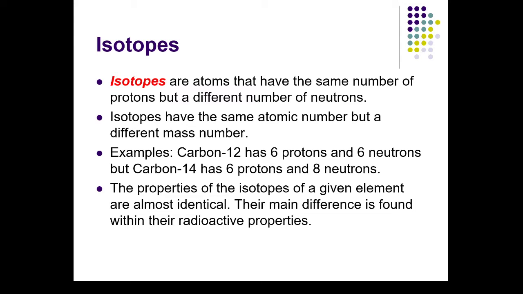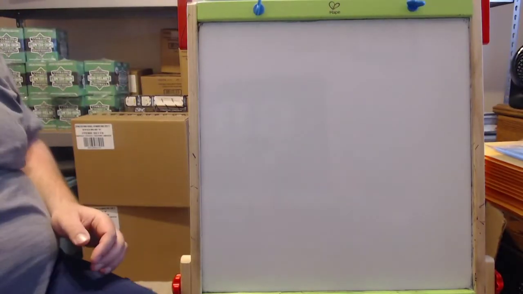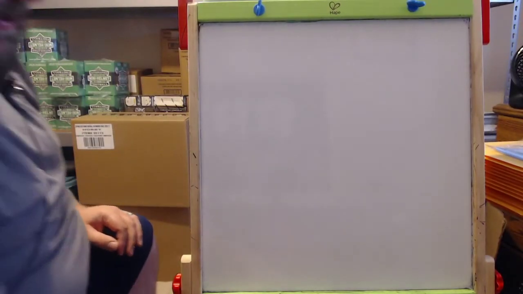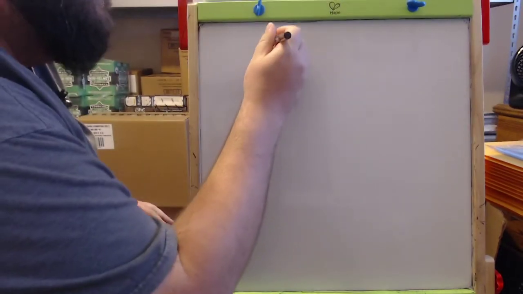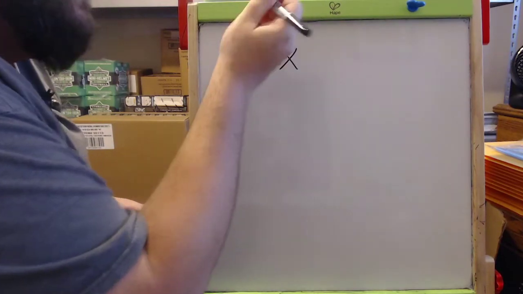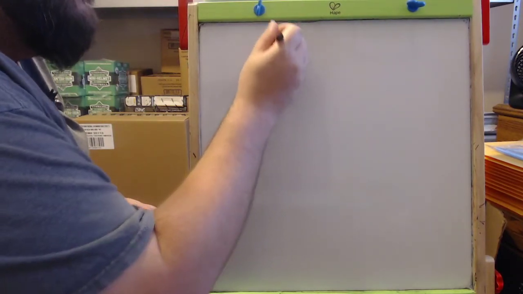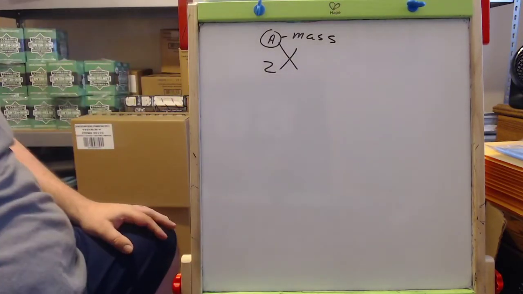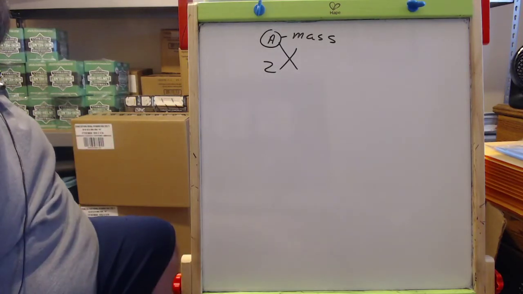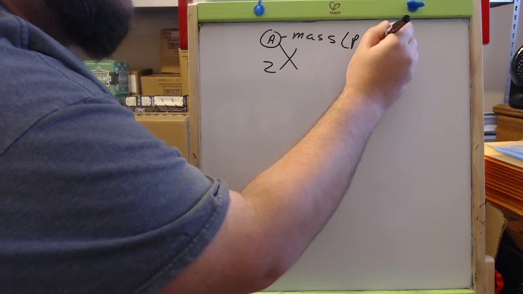Now, isotopes are the reason for something on the periodic table. What we talked about in the last presentation was that if I look at something in the A over Z form, the A is the mass number, the mass of the element, which is protons plus neutrons.